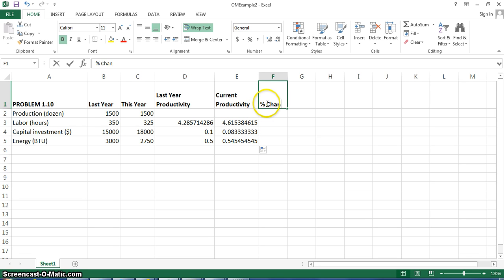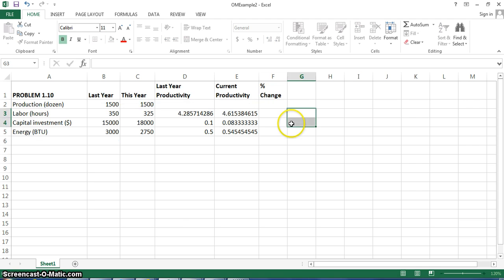The percent change in productivity will show if there has been any improvement in any of the productivity for the three inputs. Change in productivity is measured as the current productivity minus the previous productivity, all in parentheses, divided by the prior year or prior period productivity.